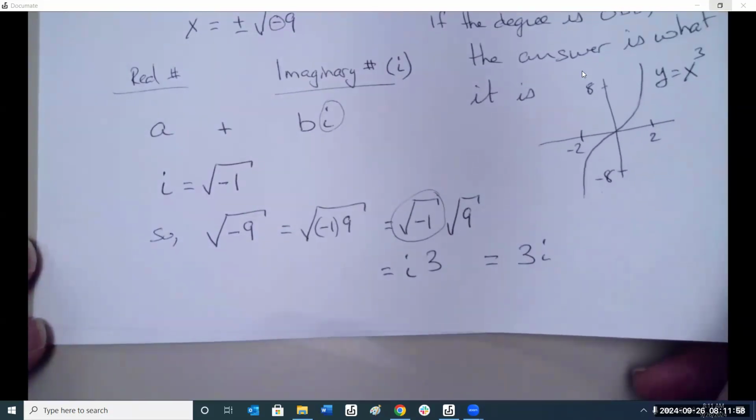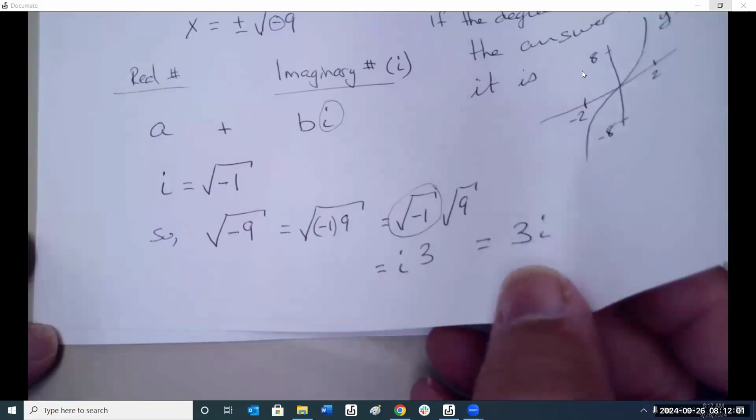So let's look at some properties of radicals first. Here are some properties of radicals.